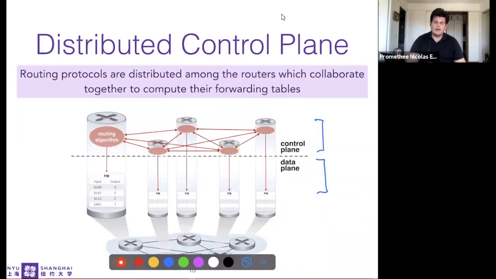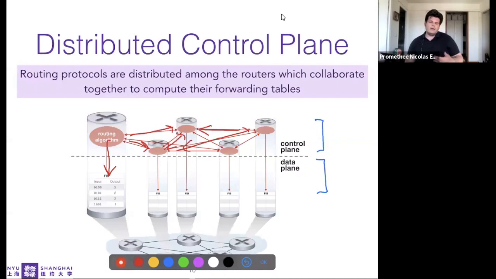So what I represent here in red is a routing protocol that lets the routers exchange information together, so that they can learn the topology. Then out of this, you're going to output the routes that you're going to store in the forwarding table. And this is where you're going to do your forwarding.